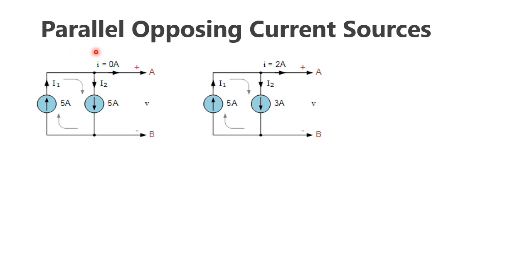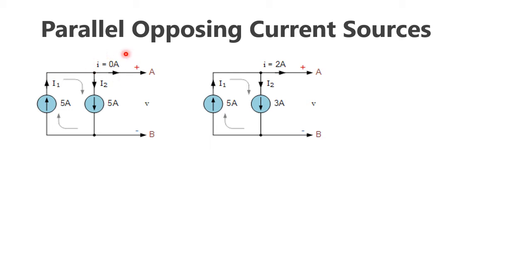Okay, let's analyze parallel opposing current sources. Here are two current sources interconnected in parallel, but the directions of the current sources are opposite. You can see that the arrow indicates the flow direction. Here it is going upward, this is going downward.